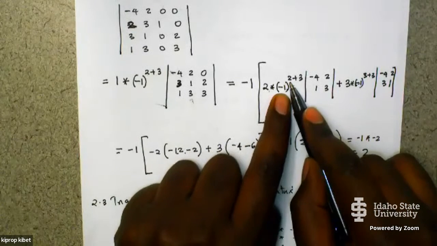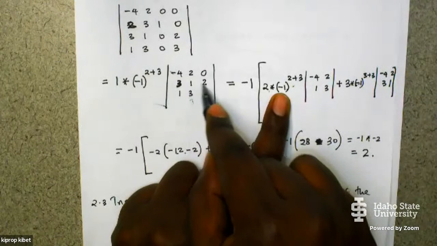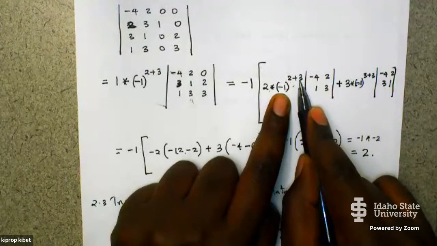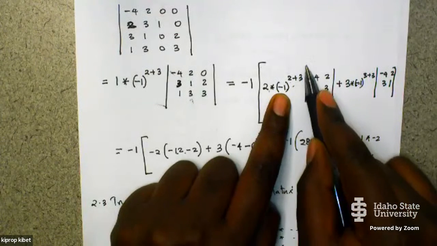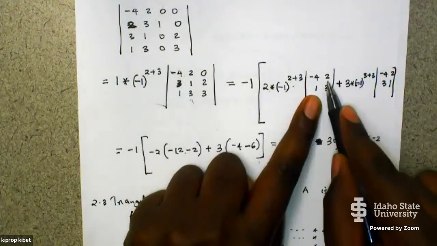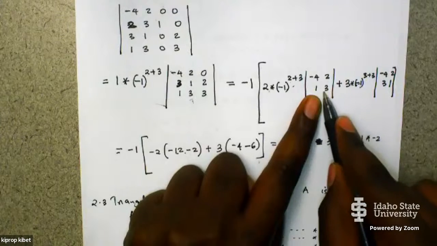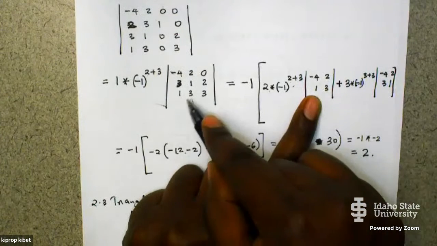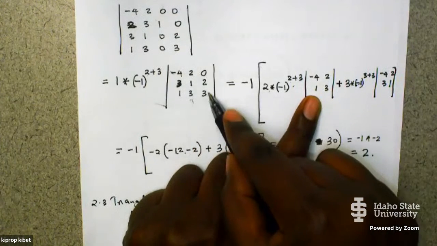Which one are we deleting? The second row and the third column. So it is 2 plus 3. And then what remains is -4 here, -2 here, and then 1 here, and 3 here, because we deleted this and that.